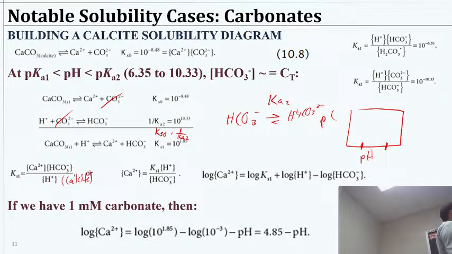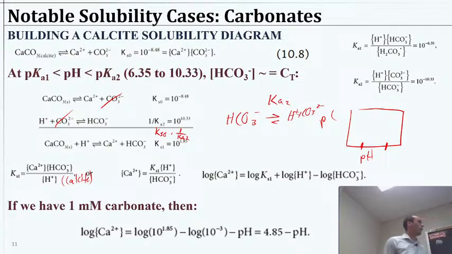If we rearrange, calcium equals the Ks1 times H plus divided by bicarbonate, and we could take the log of that, get log calcium is equal to log Ks1 plus log of H, which is our pH, and minus log of the bicarbonate.